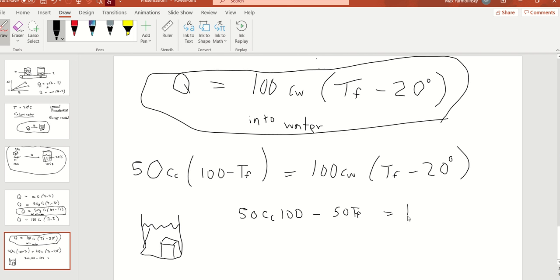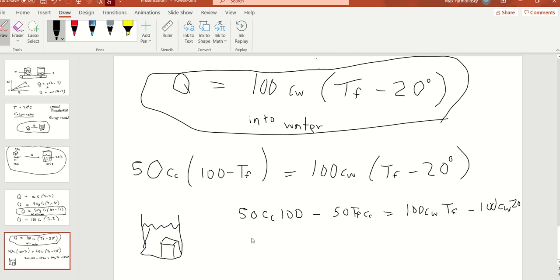This equals 100 times specific heat of water times T final, minus 100 times, sorry, I should have put specific heat of copper here too. Missed that term. 100 times specific heat of water times the initial temperature of 20, right?